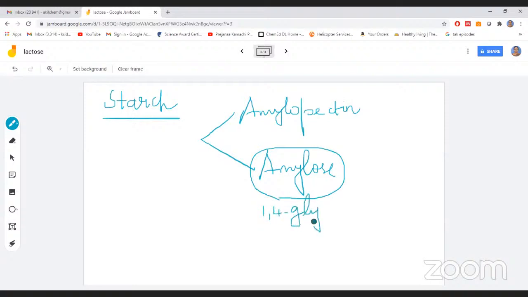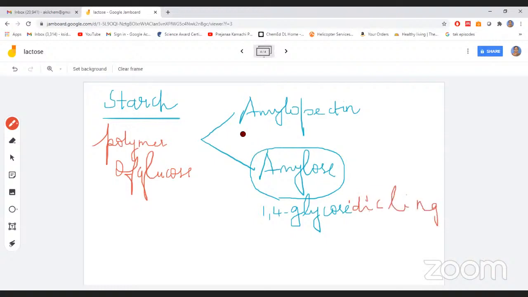So starch is actually a polymer of glucose. Starch is nothing but a polymer of glucose units, and it has two components, amylose and amylopectin. In amylose, the glucose units are connected via alpha 1,4 glycosidic linkages.